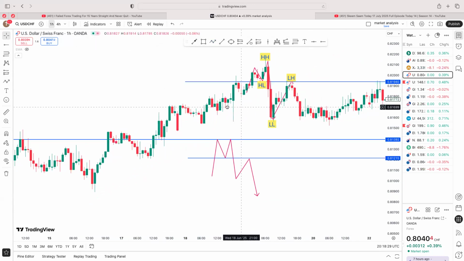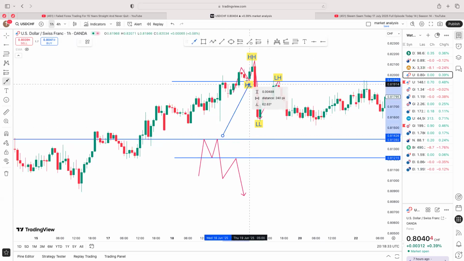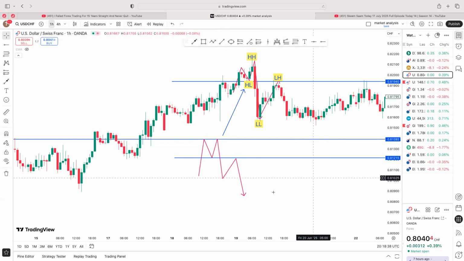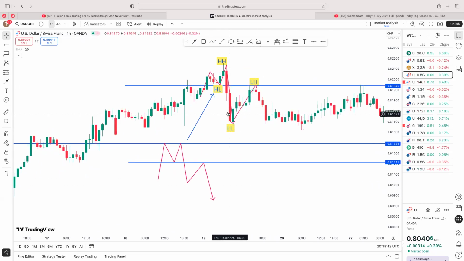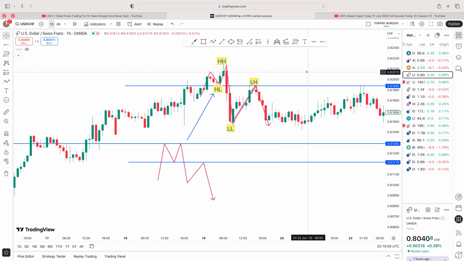So here we've got the last higher low, which is this one. The market broke out from this higher low and went and created a new lower low, which is this one. After this, they went and retested the previous higher low, and then they started going down, right?